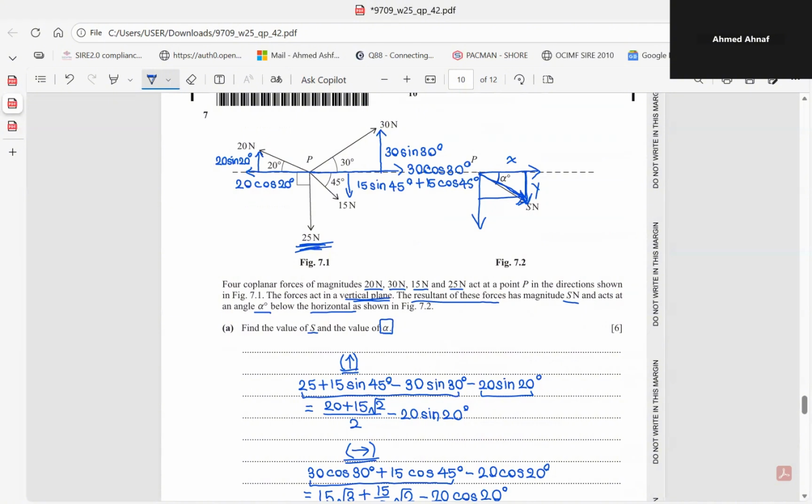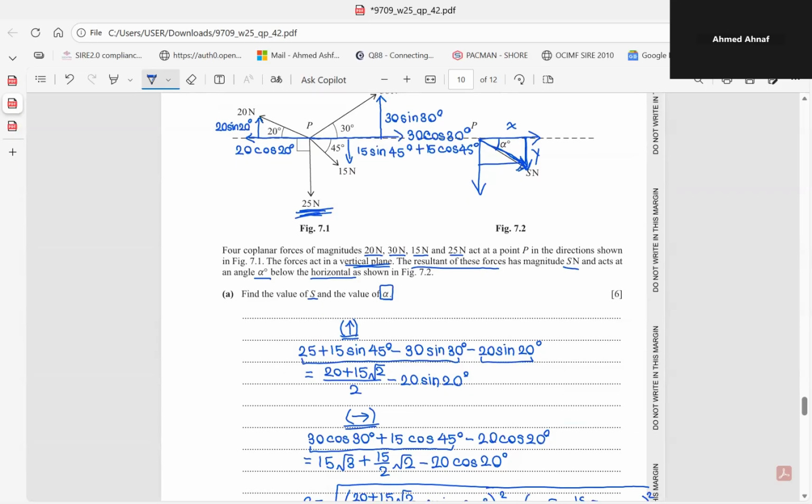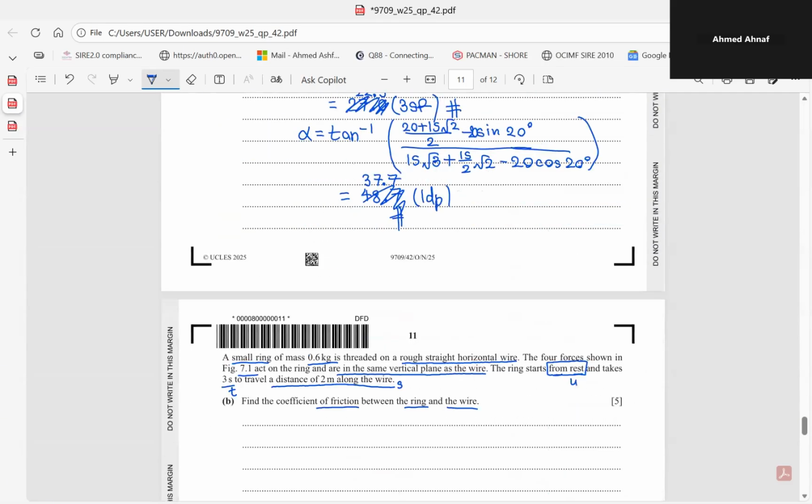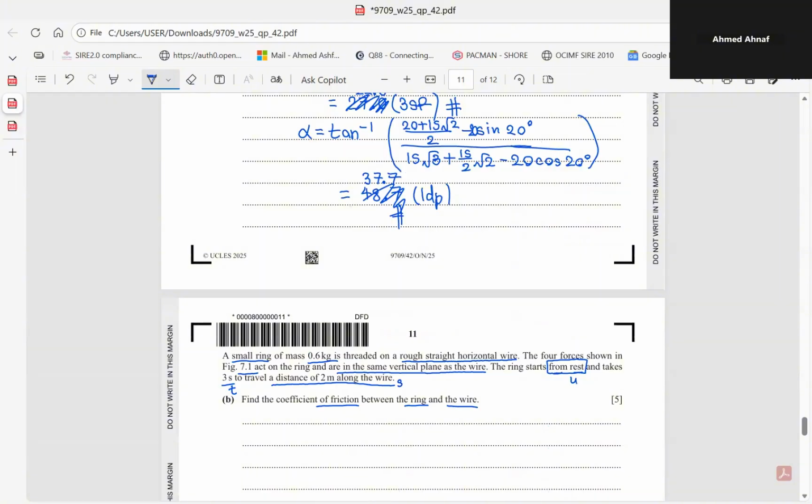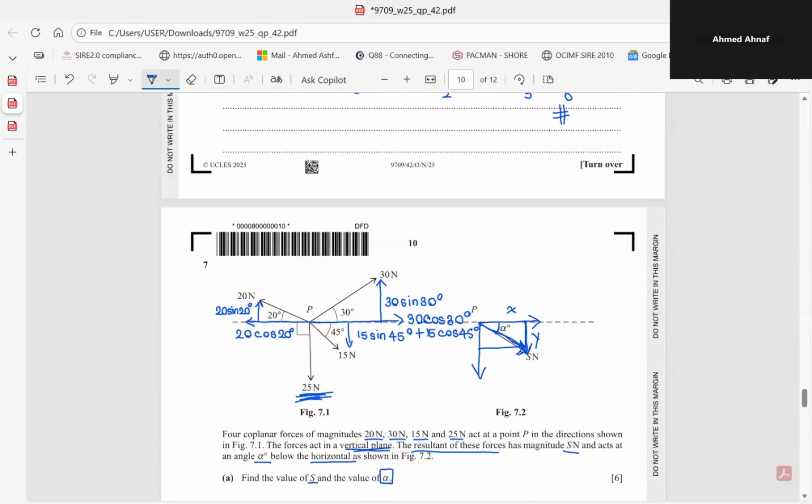All right, so I guess we can assume that the friction... okay, there's no horizontal force.